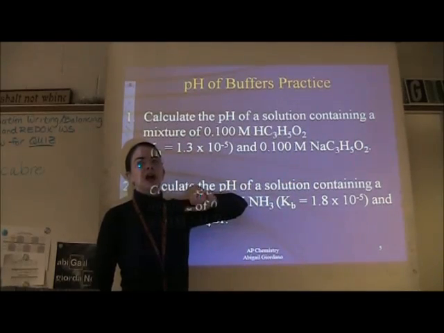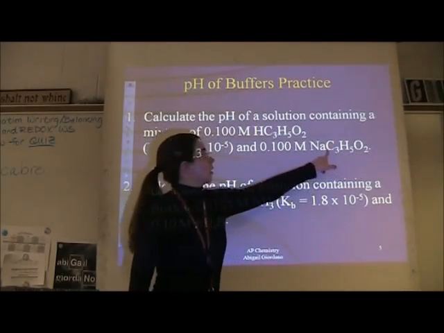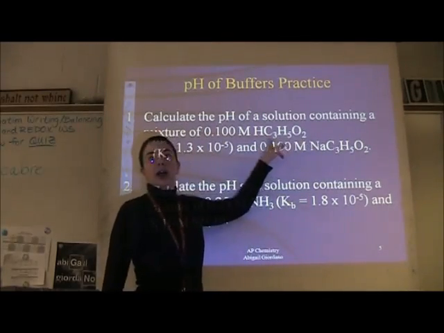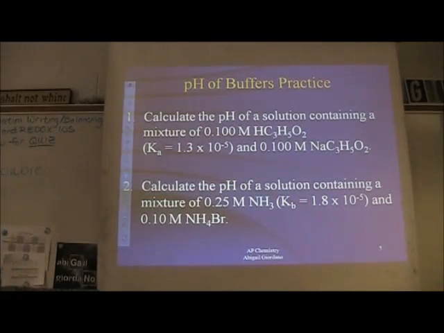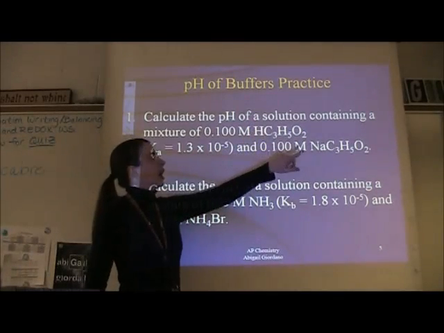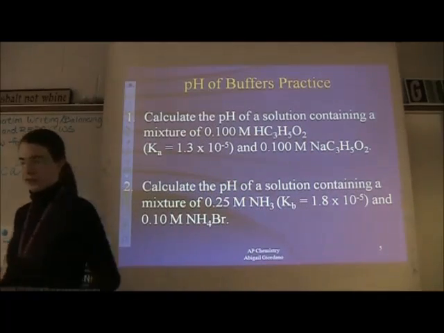Do you see anything in common? Okay. That ion is in common between these things. Is this a buffer system, yes or no? Yes, it is. It's a weak acid, and its conjugate base is also present in the form of a salt.